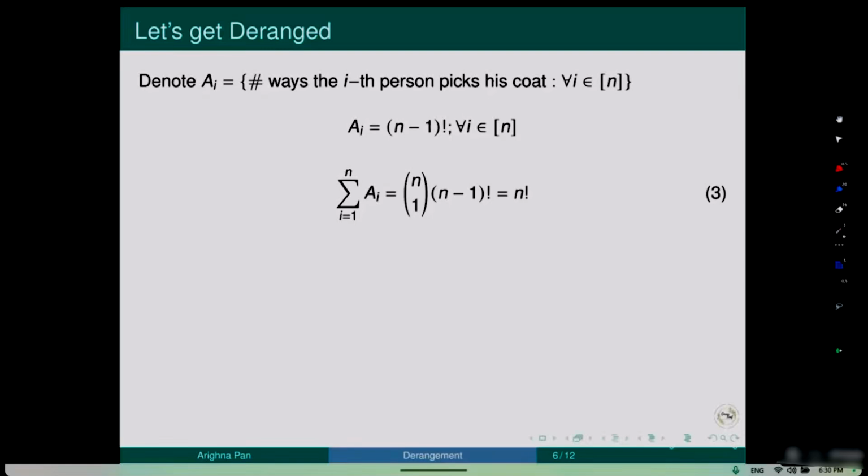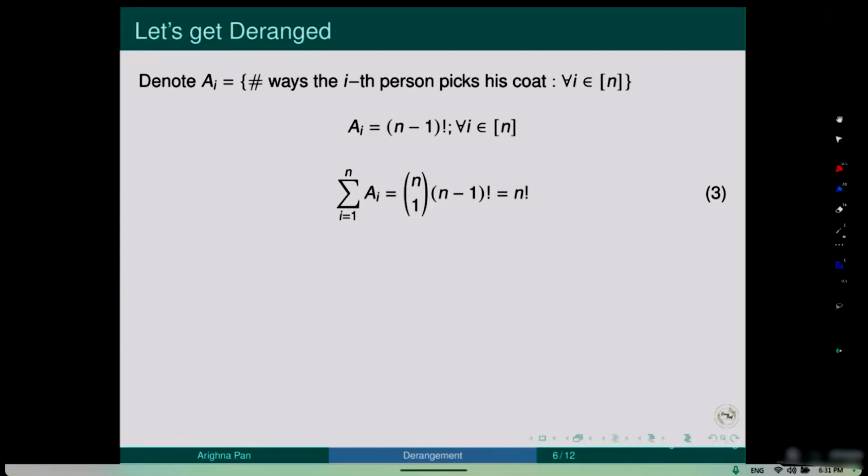And if we vary the value of i, that should be n choose 1 times n minus 1 factorial. Why? Because I have to pick i from n, and we can pick that in n choose 1 many ways. Then by the multiplicative rule, we multiply n minus 1 factorial with n choose 1.